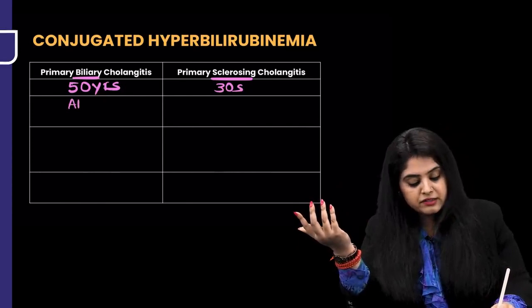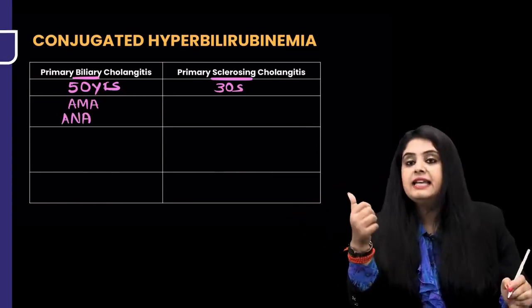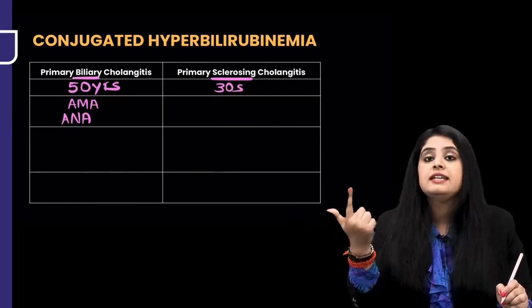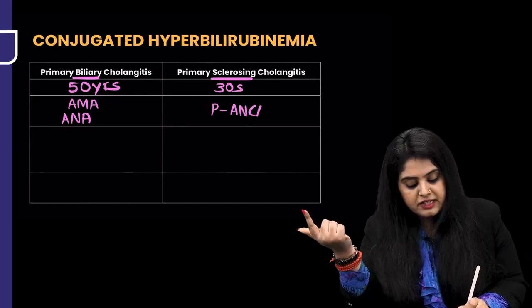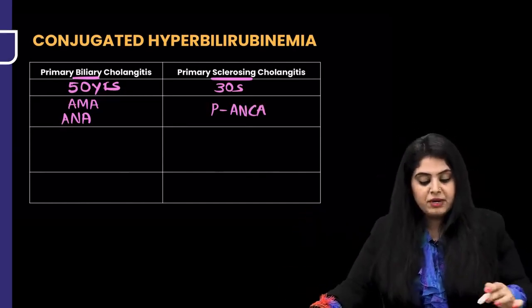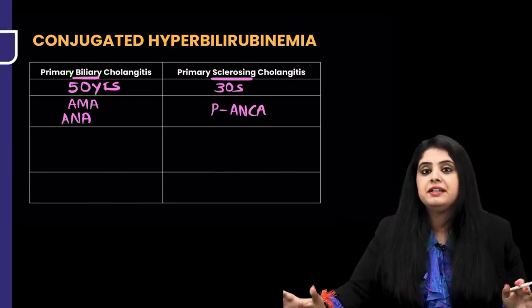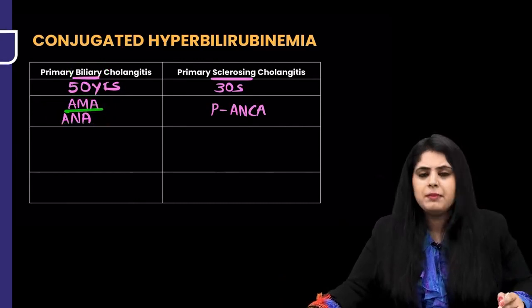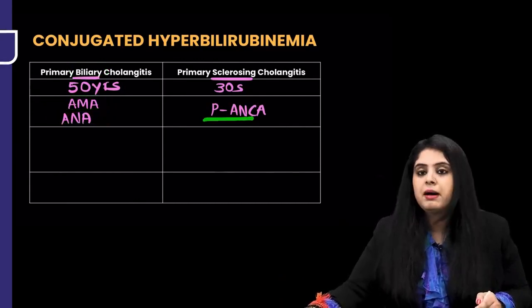Biliary cholangitis is seen with amma and anna. Amma and anna means anti-mitochondrial antibody and anti-nuclear antibody, whereas sclerosing cholangitis is seen with P-ANCA antibody. So when I said primary biliary cholangitis is seen with anti-mitochondrial and anti-nuclear, amma and anna, amma is reminding you of females and P-ANCA is reminding you of papa. So amma is mama and P-ANCA is papa.